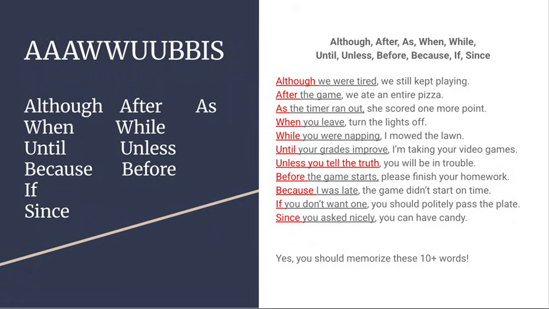And you only have a dependent clause if you begin the sentence with an AWOBIS word. Okay? So every single one of those that you see there in your sample, the first part of each of those sentences, the underlined portion, those are all dependent clauses because they begin with an AWOBIS word. Okay?